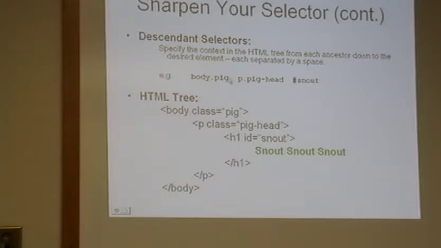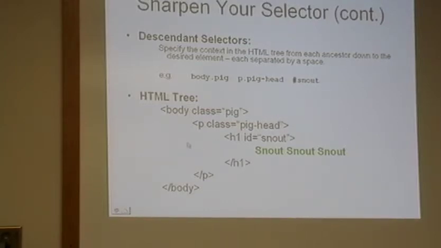Don't get confused with grouping selectors where we had commas in between. That just means apply to all these selectors. This one is describing the actual tree, and it's saying specifically this snout within this pig head, within this pig, we want to apply our style to.